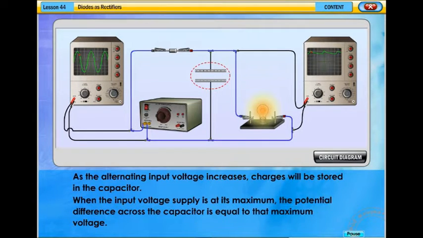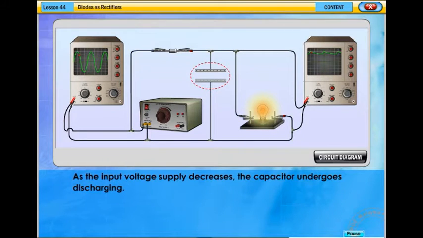When the input voltage supply is at its maximum, the potential difference across the capacitor is equal to that maximum voltage. As the input voltage supply decreases, the capacitor undergoes discharging.